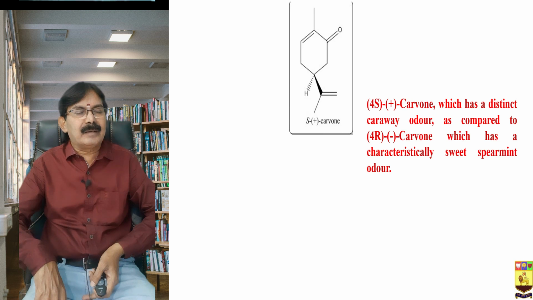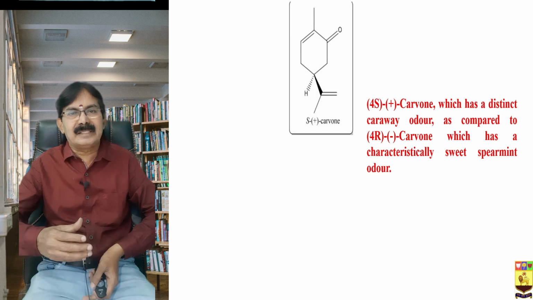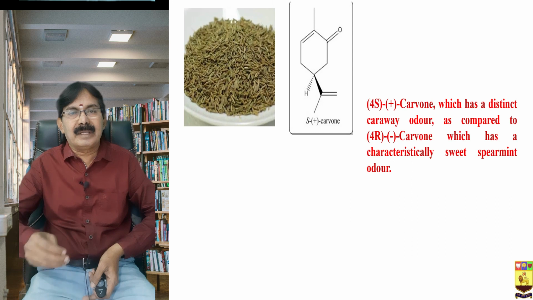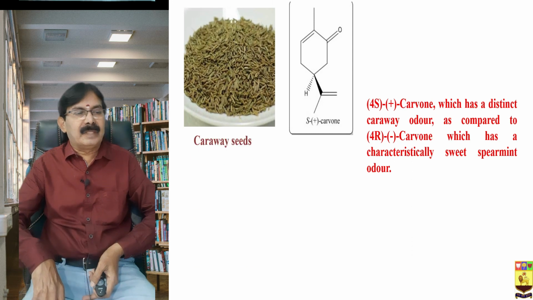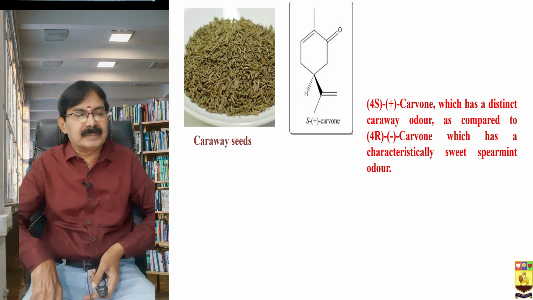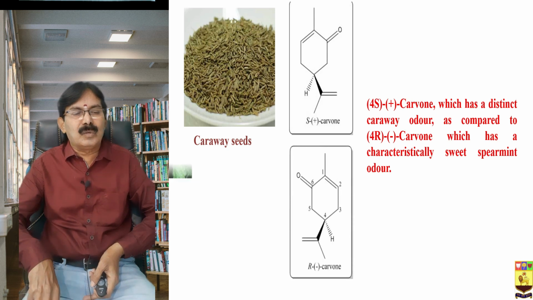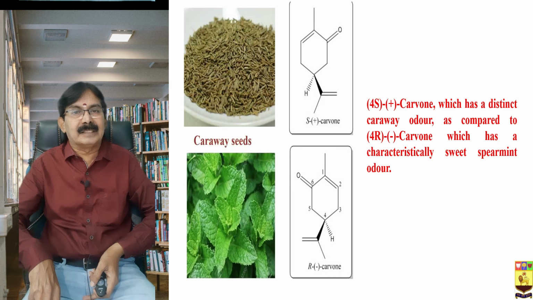So there is a carvone which has the odor of caraway seeds; in India, we call it jeera. The S isomer smells like this. On the other hand, the R isomer smells like spearmint leaves. So both carvones are used in the food and flavor industry.